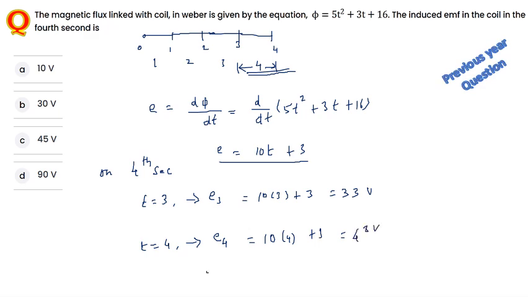So the induced EMF on the fourth second is E4 minus E3, that is final minus initial. So 43 minus 33 volt, what you are having here is 10 volt. So the answer in this case is 10 volt.